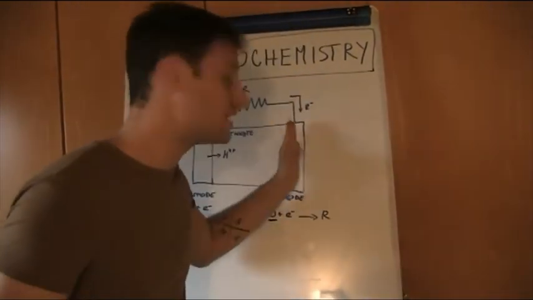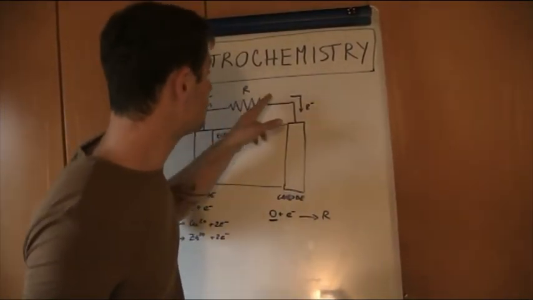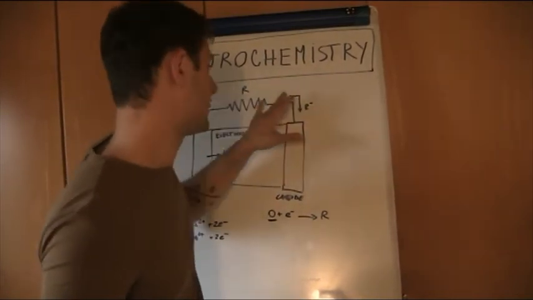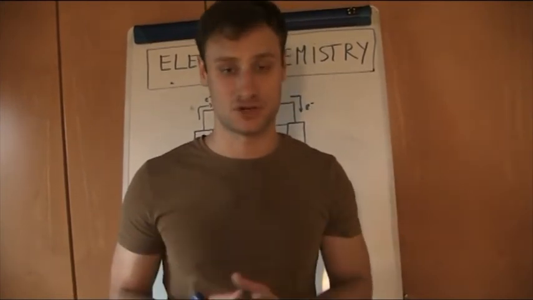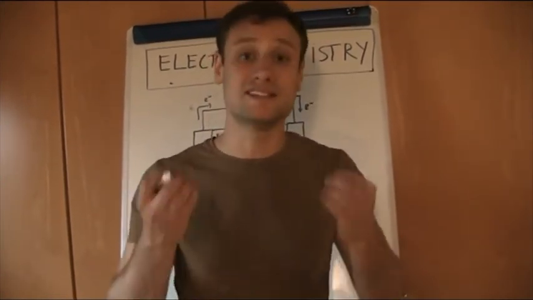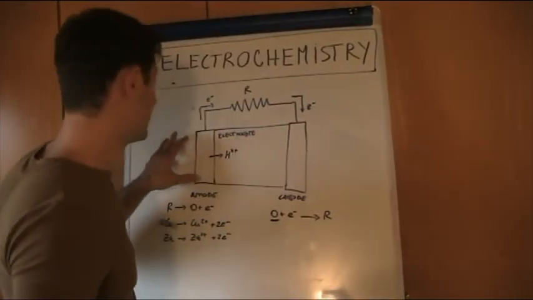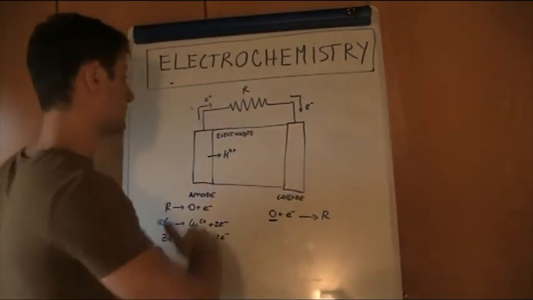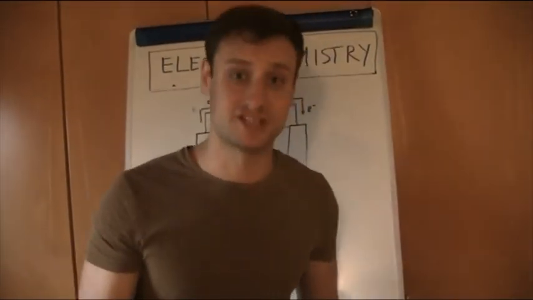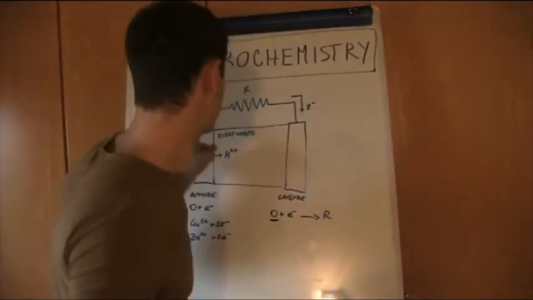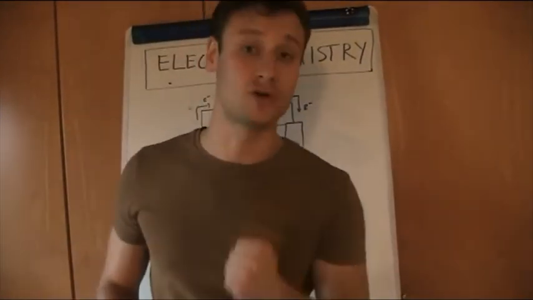So one reagent is here and one reagent is here, and the electrons need to follow this pathway in order to ensure the reaction occurs. But it's nothing different, it's a redox reaction. But the way in which we promote these reactions through an external circuit allows us to take advantage of these redox reactions, because the electrons follow a pathway on which we can place a resistance that can be used to do work.